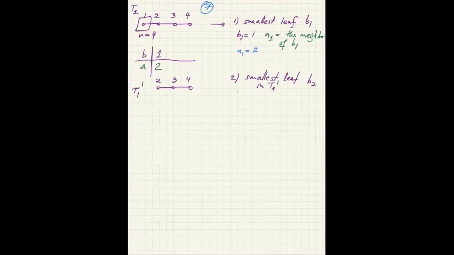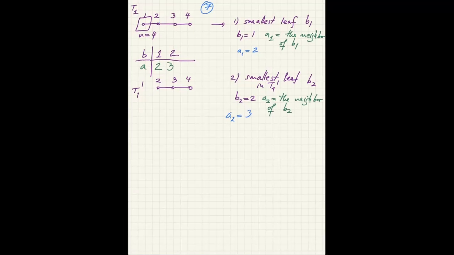And in our situation, B2 is 2, so we can put it here. And you would define A2 to be the neighbor of B2. In this situation, A2 is going to be 3. So we put there 3.